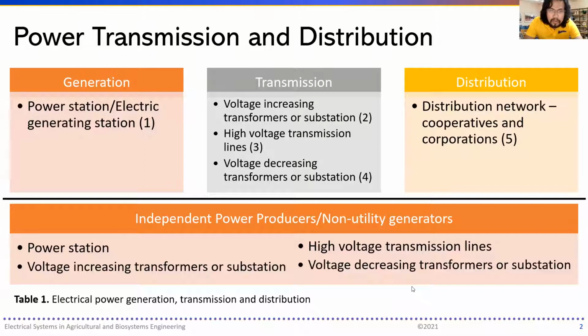There are also cases where generators produce electricity and supply directly to industry consumers. But surely these are specific to industry and not to the commercial and residential sectors. For both the commercial and residential, they will have to pass through the transmission and distribution sides.